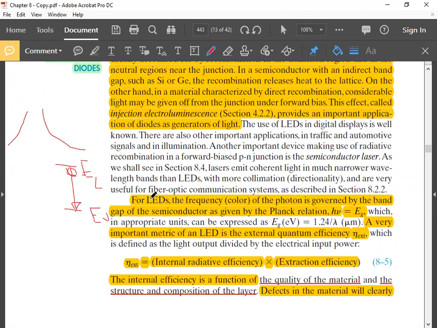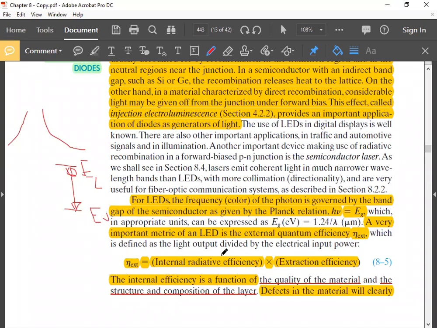Here, actually, you are doing the opposite thing of a solar cell. You are converting electrical energy into optical energy. So how efficiently can an LED do that? That is the external quantum efficiency. So that actually is a product of internal radiative efficiency and extraction efficiency.